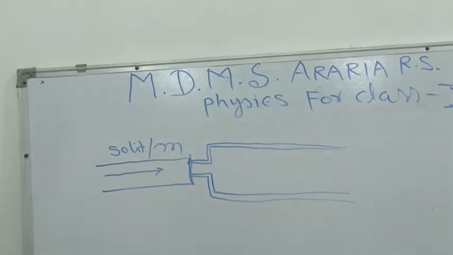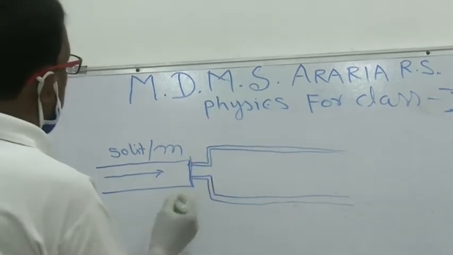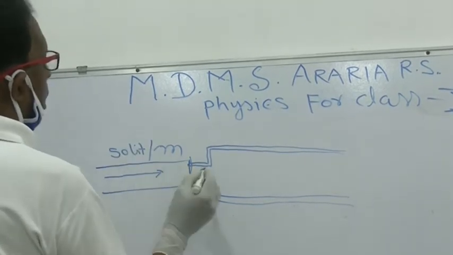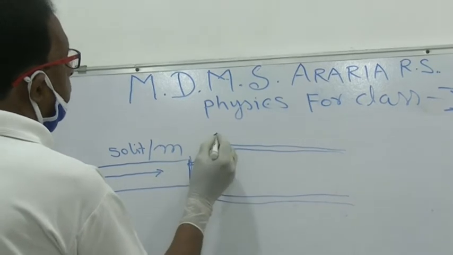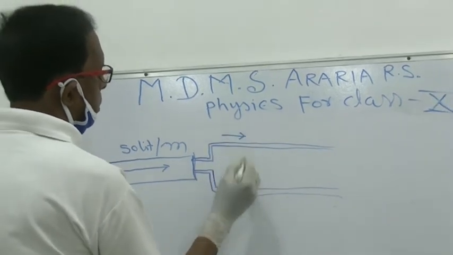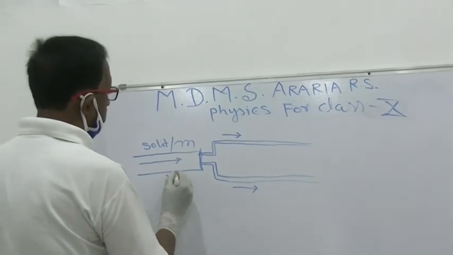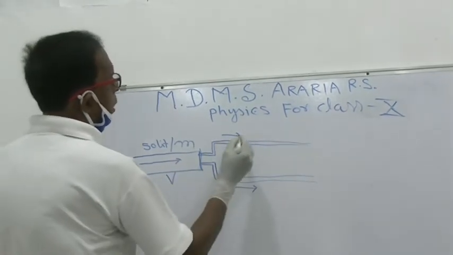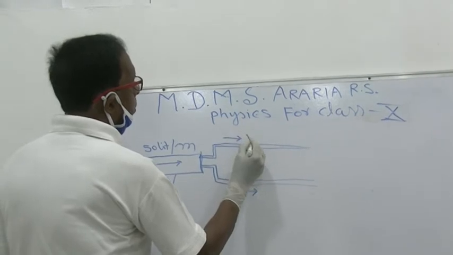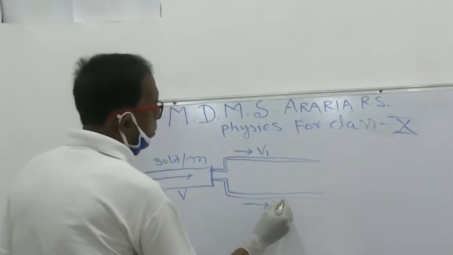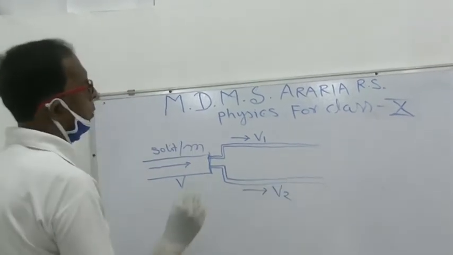Okay? And here this volume is split into two parts. And the total volume of the water is V. In this pipe, the V1 part of the volume is flowing, and in this, the V2 part of the water is flowing.